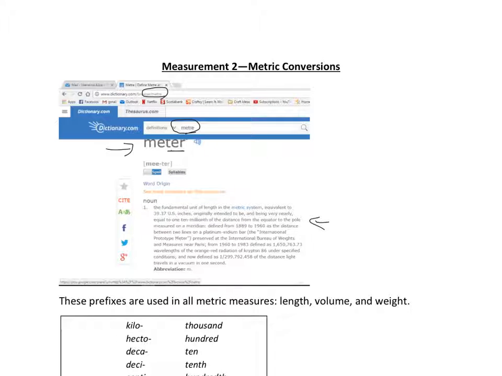And it then became defined by wavelengths of krypton 86. And it's now defined as a fraction of the distance that light travels in a vacuum in 1 second. And I won't even try to read you what that fraction is. Anyways, that's quite interesting how that has changed slightly over time, although they all are so close to being the same measurement.